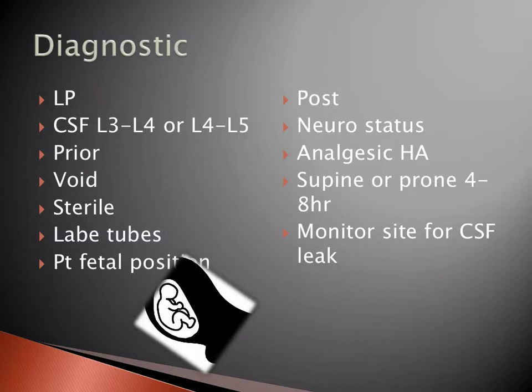They insert a very large needle either into L3 to L4 or L4 to L5. And as you can see, there is a picture of the fetal position, which is covering the wording. You want the patient in the fetal position because that's going to open up that area for them to get a better sample.